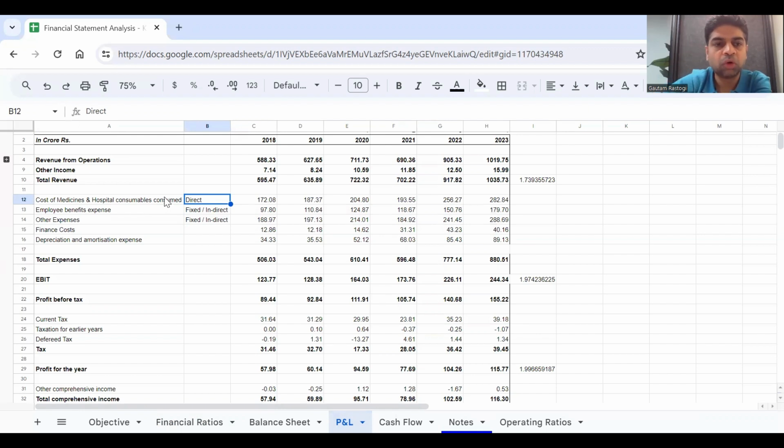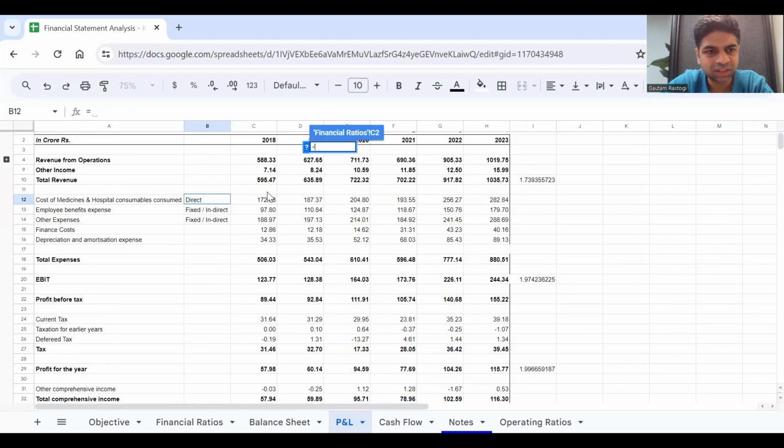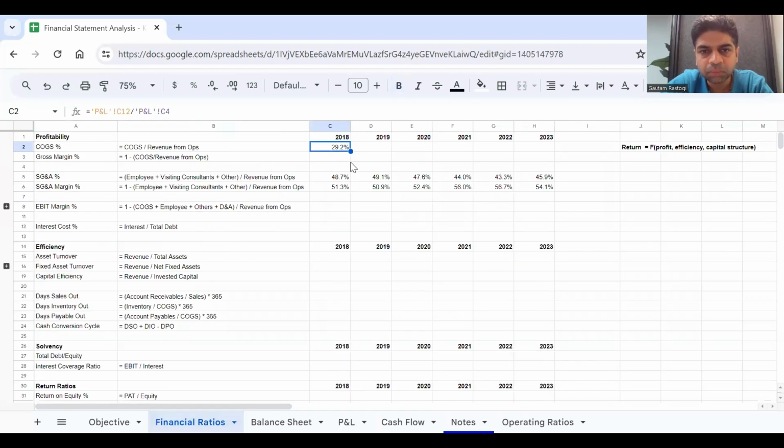So gross profit is sales minus this direct cost. That is going to give you gross profit. Let's estimate the margin first. This is COGS divided by sales, and the gross margin is 1 minus COGS.